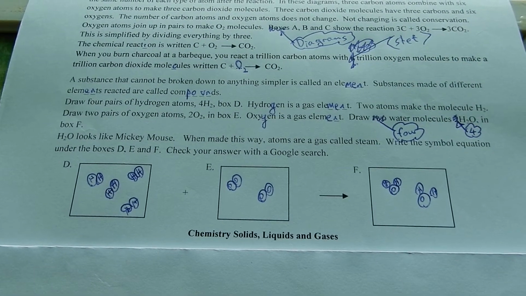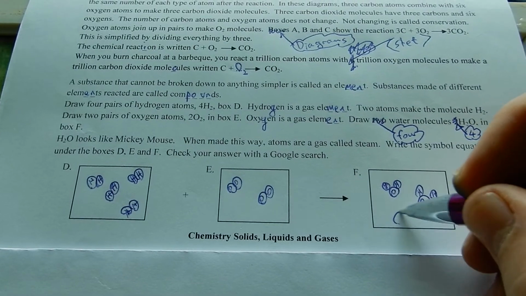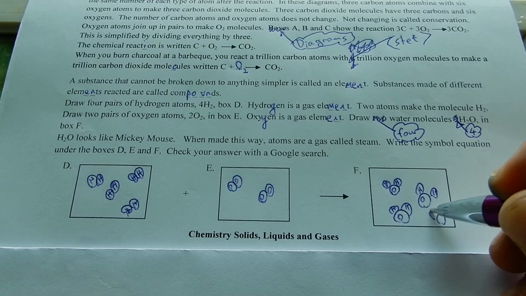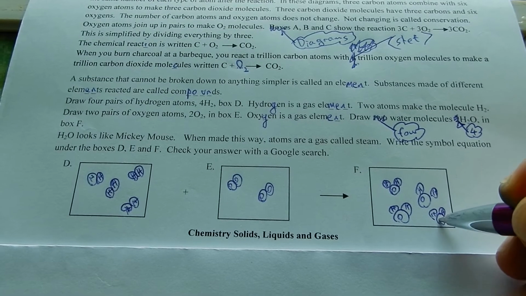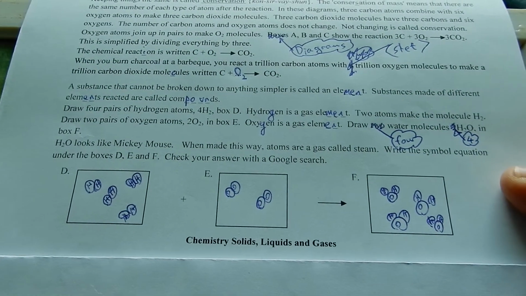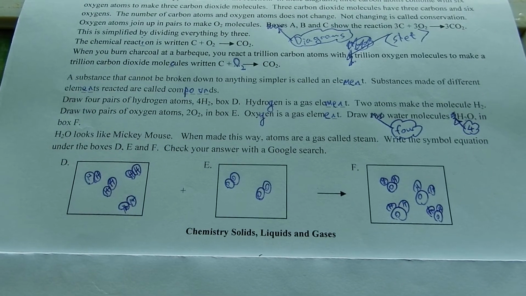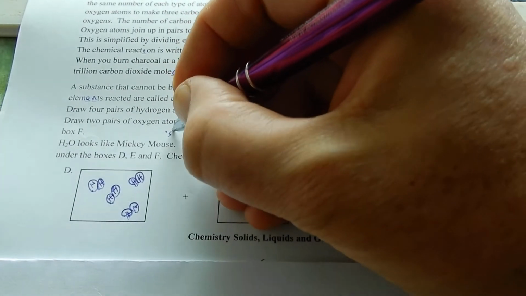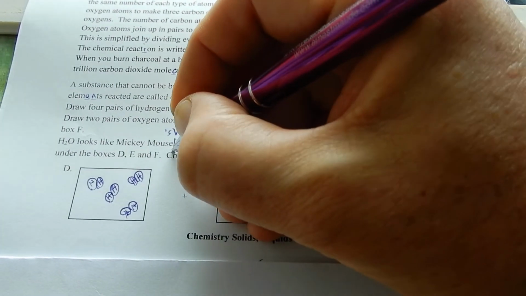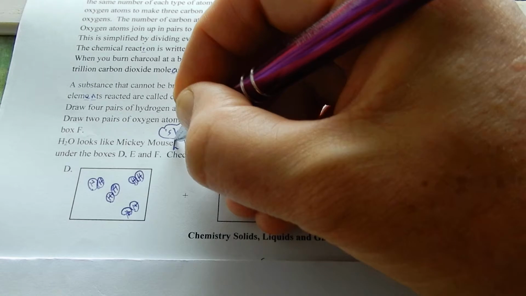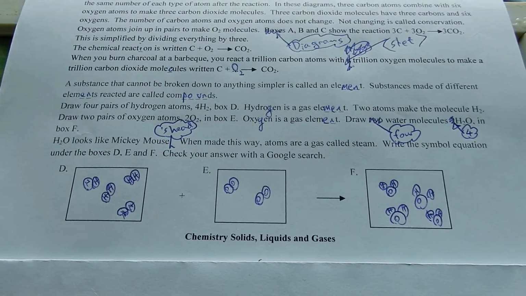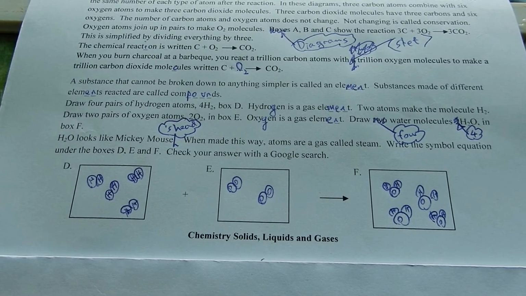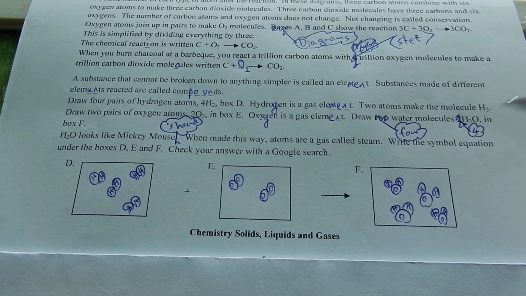Conservation, and now it is. 1, 2, 3, 4. HO looks like Mickey Mouse. It looks like Mickey Mouse's head. When made this way, water atoms are a gas called steam.